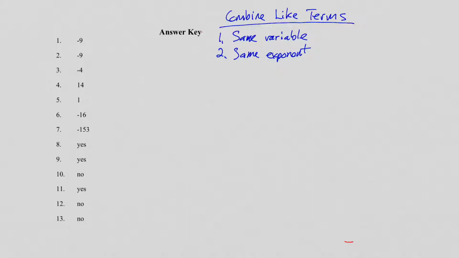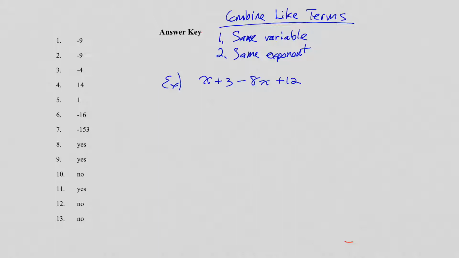So a couple of examples to remind you what that means. Let's say we have x plus 3 minus 8x plus 12. And all we're saying is, okay, let's make this expression simpler by reducing the number of terms. So instead of having 4 terms, let's see if we can combine some of them into one term.